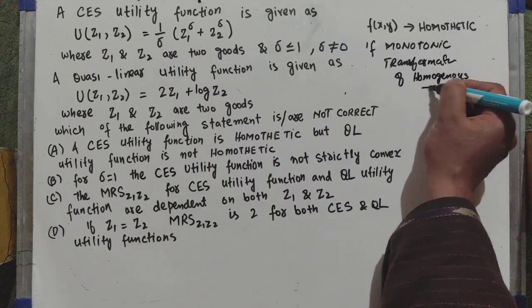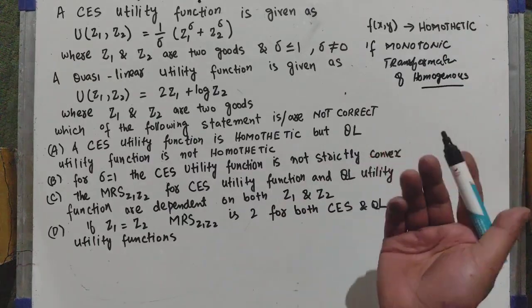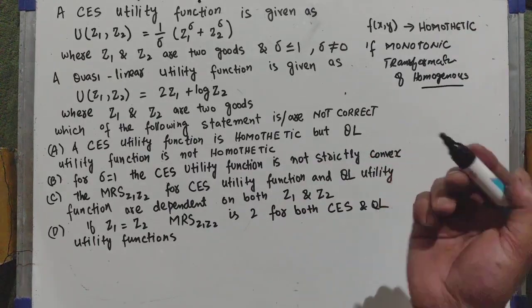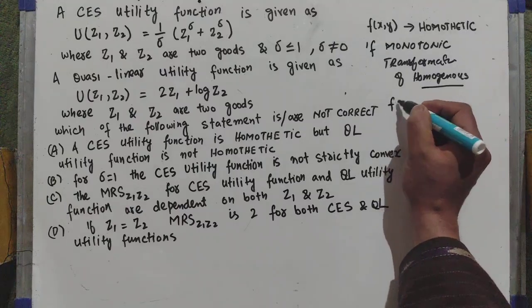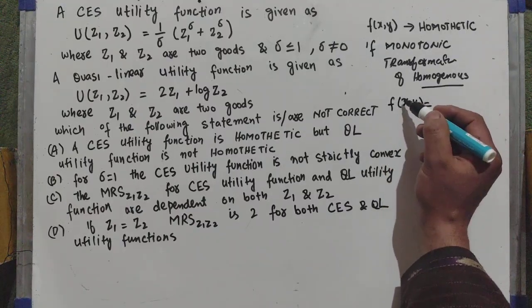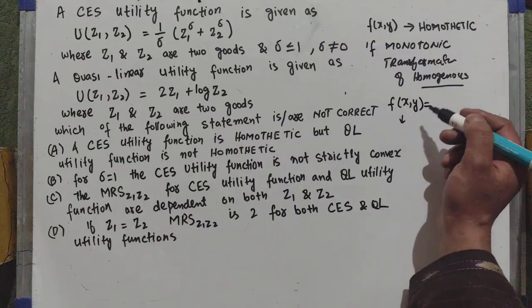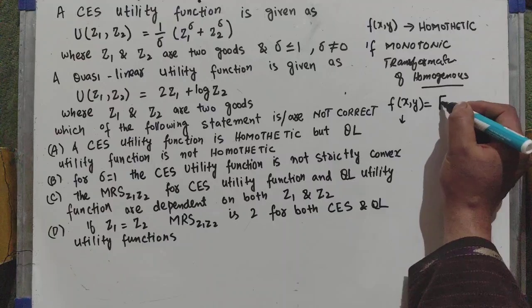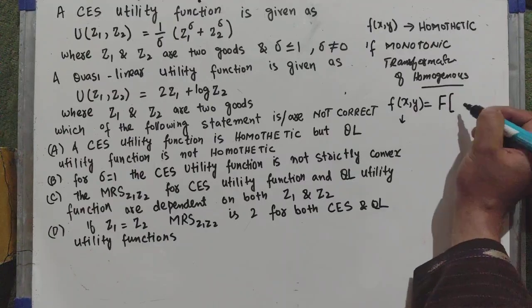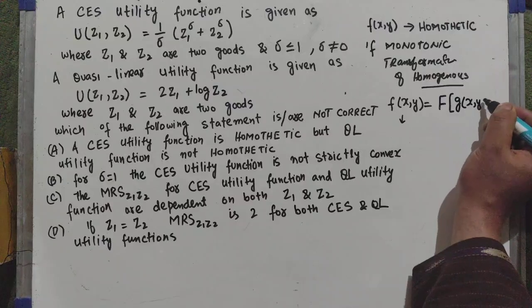I cannot explain all the things here because I have already made videos on homothetic and homogeneous functions. To give an example, let us say f of xy is a function. We say f of xy is a homothetic function if it is equal to capital F of, let us say, a composite function g of x comma y.